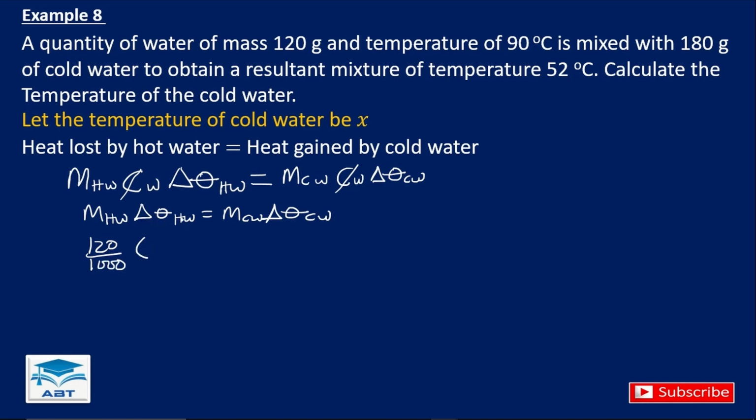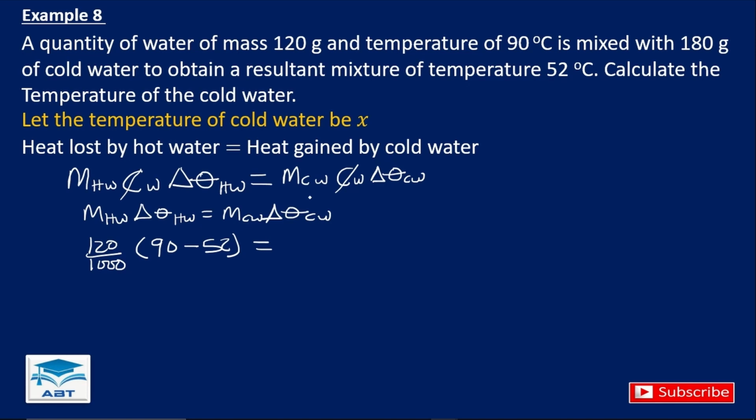What will be the temperature change of the hot water? This is the temperature of the hot water, 90 degrees Celsius, and it cooled to a resultant mixture of temperature 52 degrees Celsius. So it moved from 90 to 52. So that will be the temperature change.